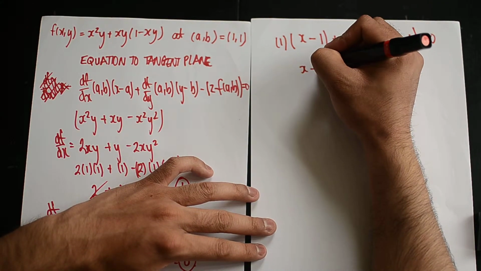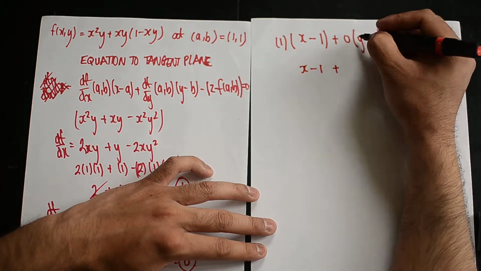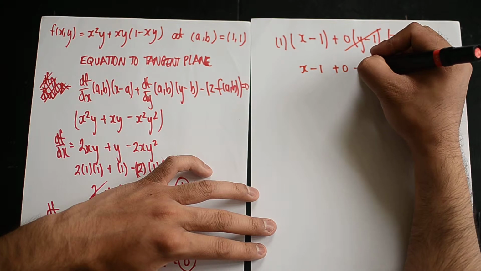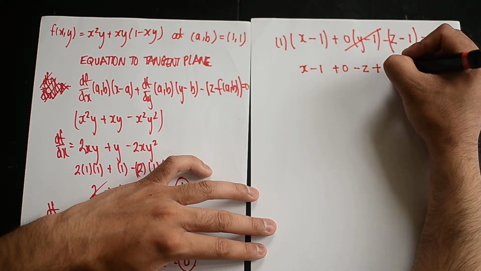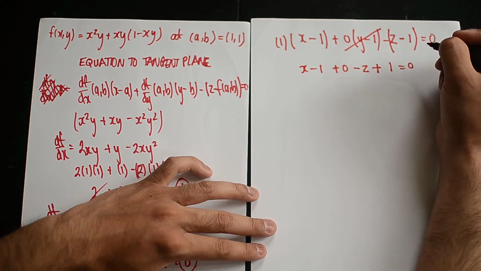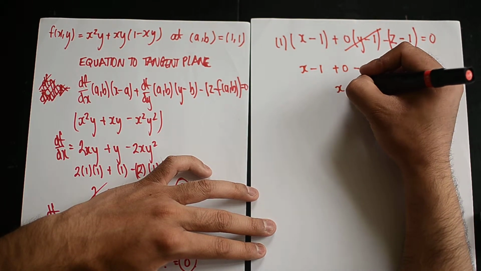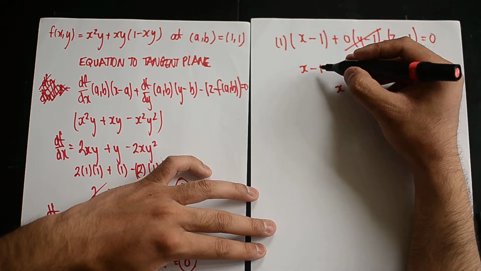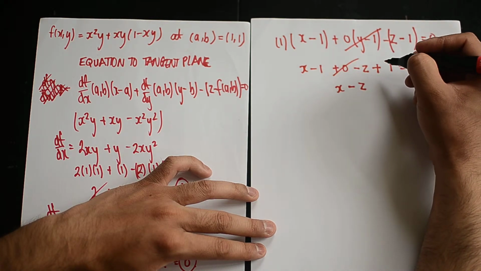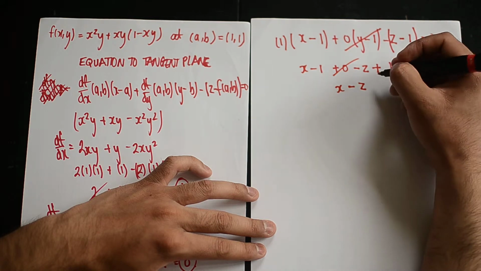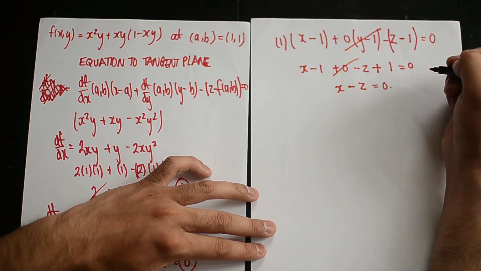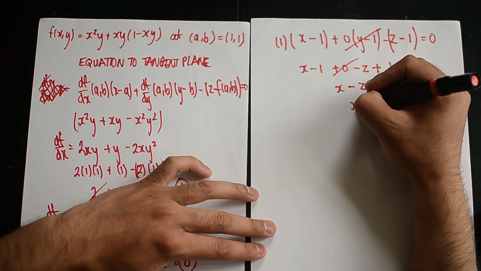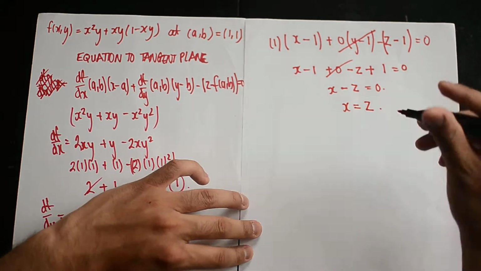That means x minus 1 plus 0, so this obviously gets cancelled out, minus z plus 1 equal to 0. So that means x minus z, so you've got minus 1 plus 1 is 0, so equal to 0. So now basically here, my equation would be x equals z.